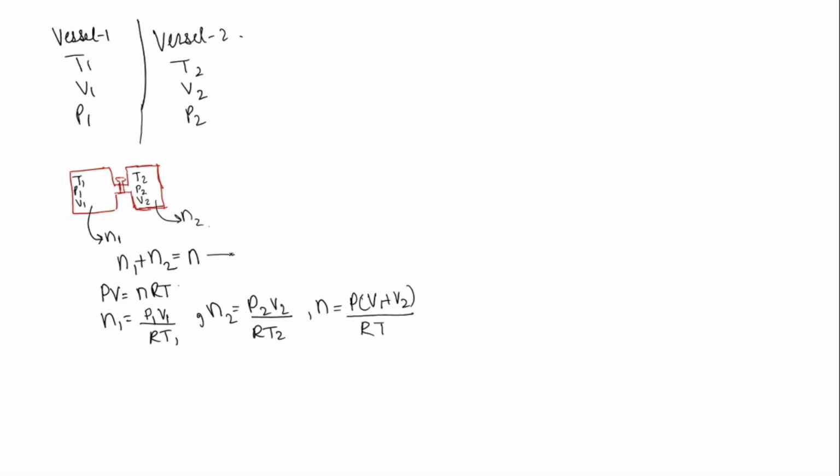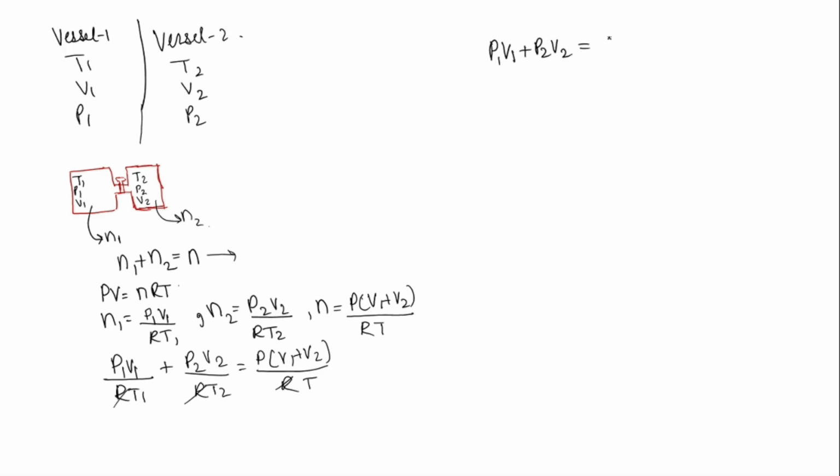So by replacing these values in this equation, we get P1 V1 by RT1 plus P2 V2 by RT2 is equal to P (V1 plus V2) by RT. R will get cancelled. We need to find the temperature, and the pressure also we don't know. So according to Boyle's law, we know P1 V1 plus P2 V2 is equal to P (V1 plus V2).